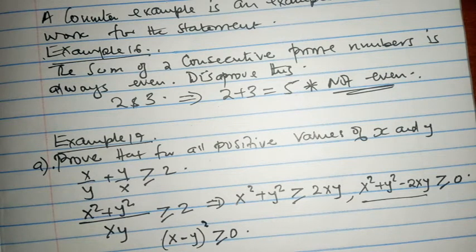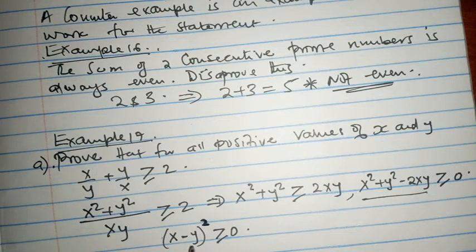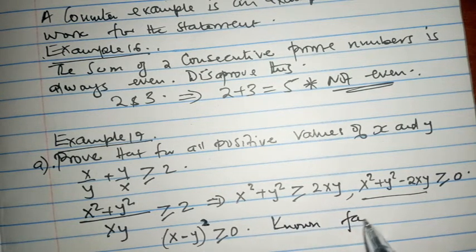So this is the beginning of our proof, because we know any expression squared is greater than or equal to 0. This is a known fact. So this is a valid way to begin our proof.